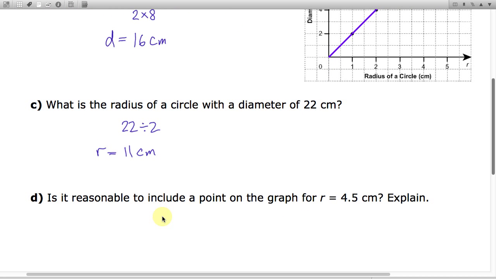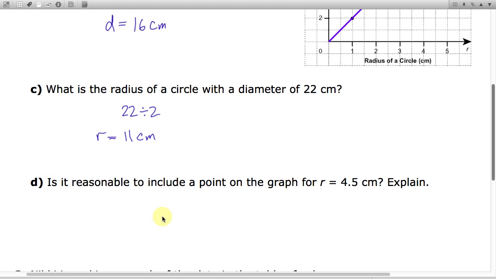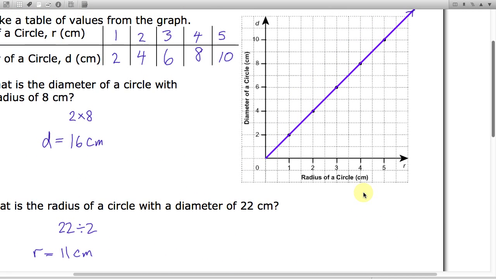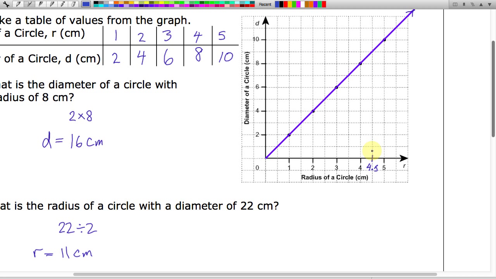Now, the next question is a good question. It's asking about whether it's reasonable to include a point on the graph for r equals 4.5. So let's take a look at where that would be. With r equals 4.5 right here, does it make sense to have this point included on the graph and have a diameter of 9 centimeters?